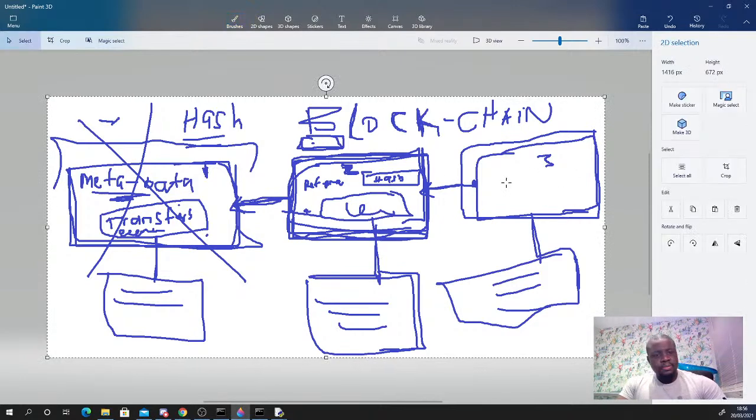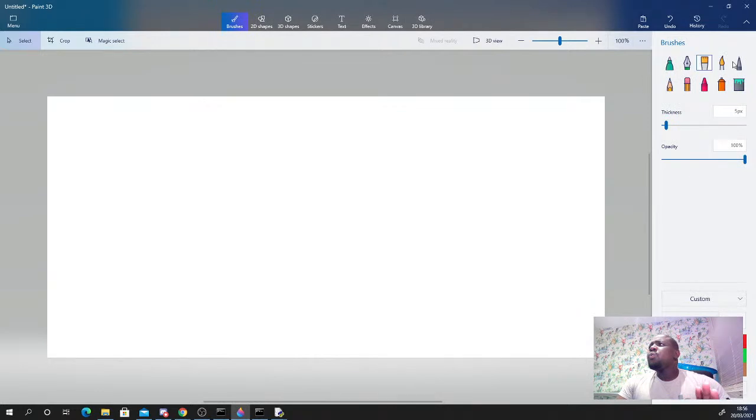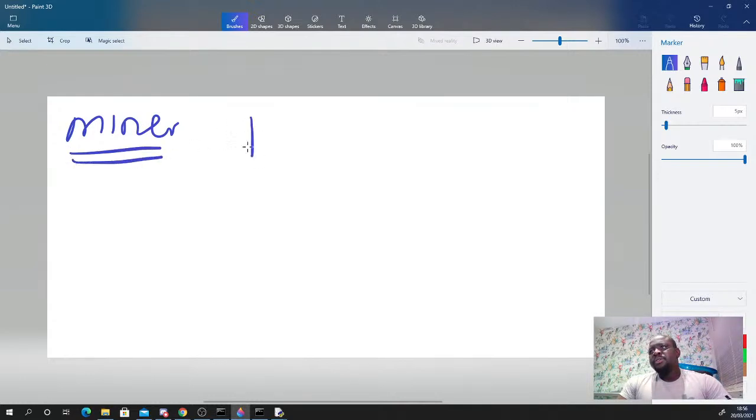Let's still continue. In blockchain technology, there is a common name, mostly in cryptocurrencies, if you've heard about Bitcoin.